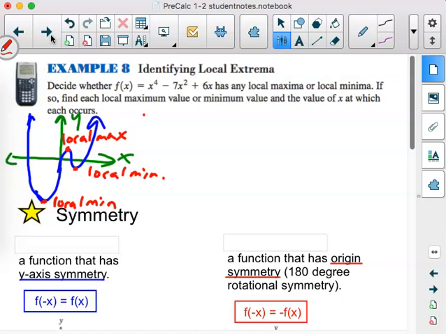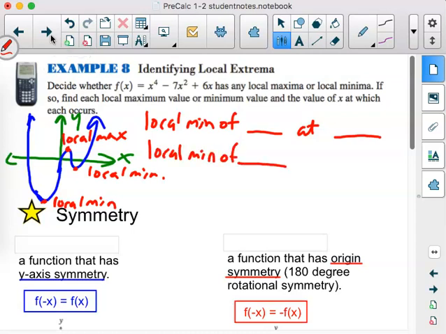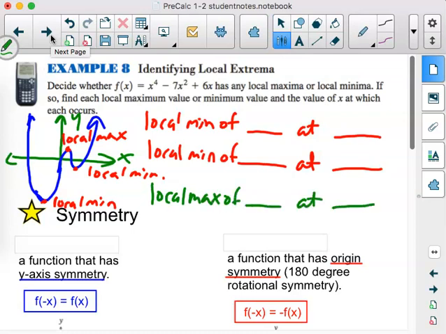So we're going to say local min of blank at blank, and we're going to have to do that twice. And then local max of blank at blank.